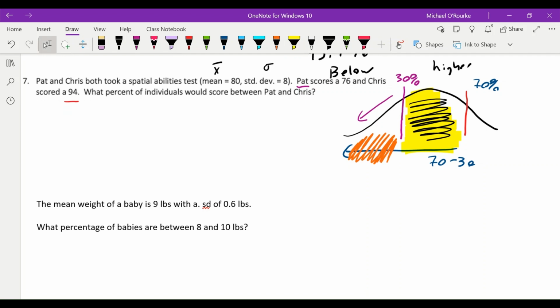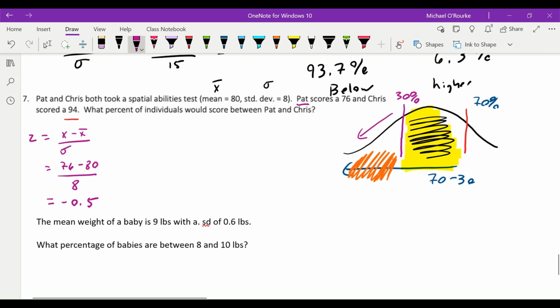So let's do Pat in purple. So Pat's z-score is x minus the mean divided by standard deviation, which is going to be 76 minus 80 divided by 8. 76 minus 80 equals, then divide by 8. Negative 0.5. So I'm going to go find his percentage right now.